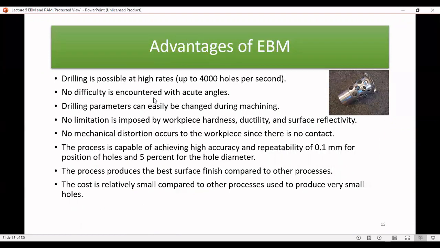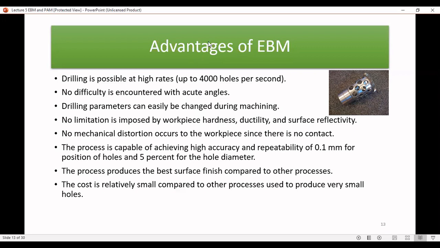Advantages of EBM. Basically, drilling is possible at high rates, up to 4,000 holes per second. So this is a very fast operation. No difficulties are encountered with acute angles. So you can drill holes at an angle without much of an issue.